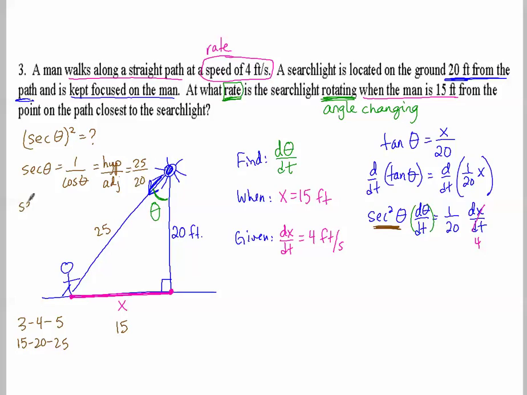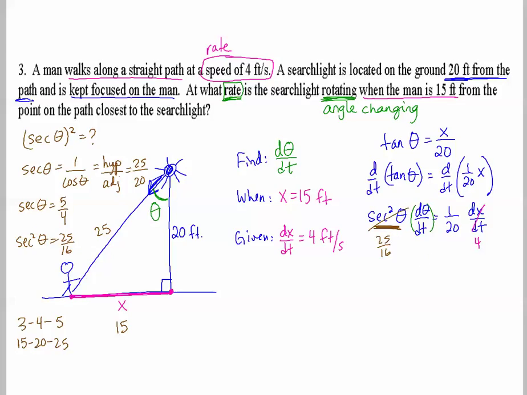Or to simplify that, the secant of theta is 5 over 4. Then we can figure out secant squared of theta by squaring both sides: 25 over 16.